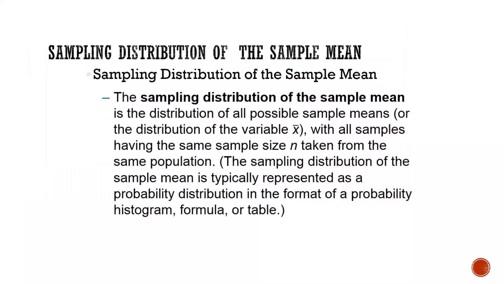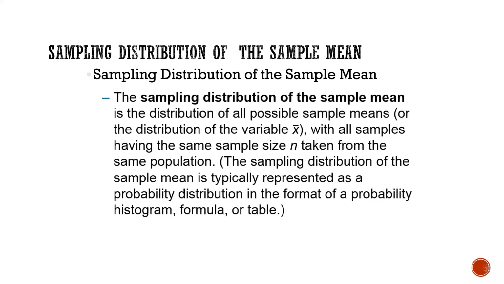So I want you to understand what it means to be a sampling distribution of the sample mean. I get different groups, the same size, all the different possible groups, and I take the mean of whatever I'm measuring, let's say height, of the samples with the same size. I write all of those down. This group has a mean height of 5'10".